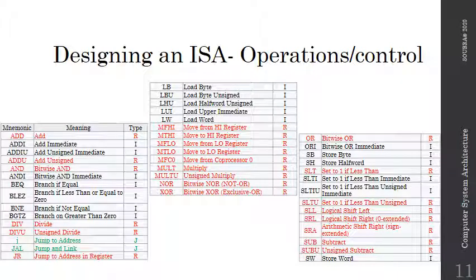And these are the bunch of operations and control that we can have with MIPS, and you can notice the red ones, the black ones and the green ones. So notice the add ones, they are R-type, so they are strictly exclusively register instructions. And then you have the I-type, which are the immediate values.